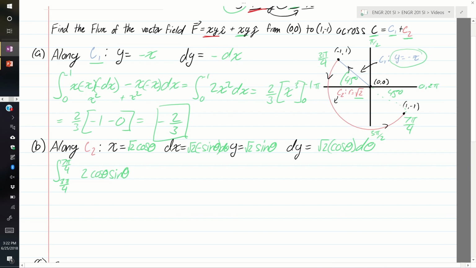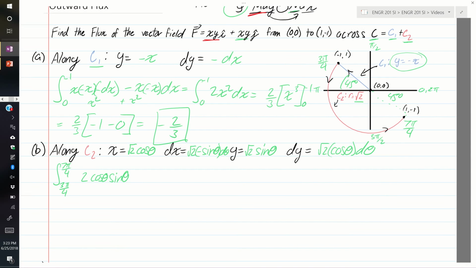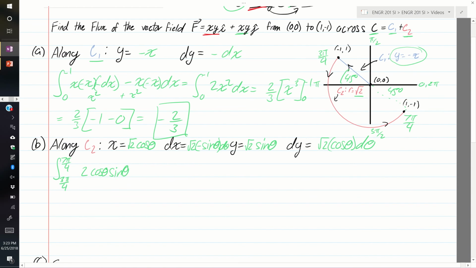And then we have dy, which is square root 2. So I have 2 square root 2 cosine theta sine theta times cosine theta again, so this becomes cosine squared theta d theta, minus 2 square root 2, because we're going to get the same thing, but instead of being cosine squared, it's going to be sine squared theta d theta.